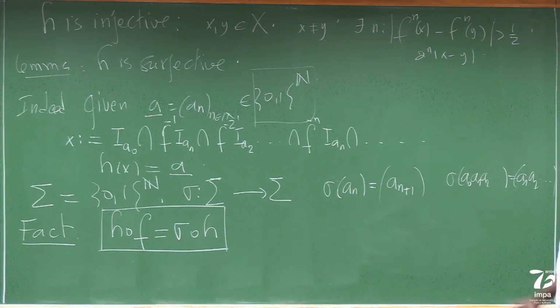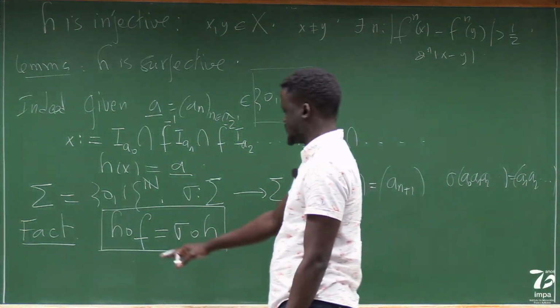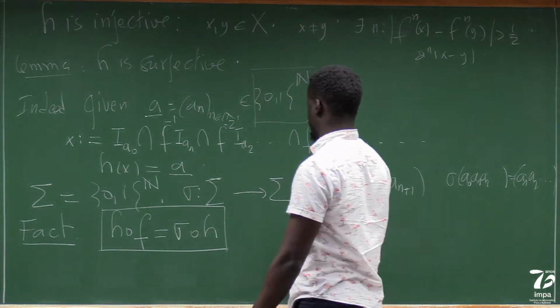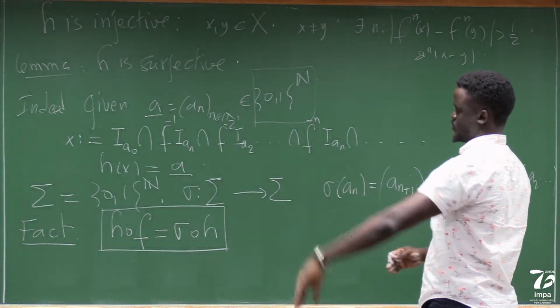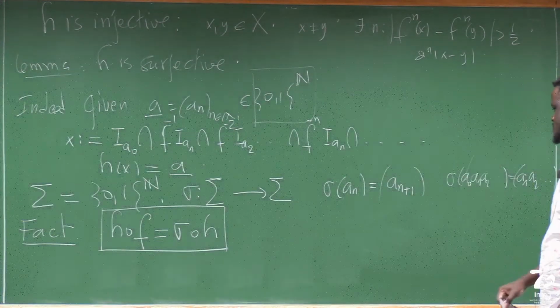This is not difficult to check. When you take f of x, its orbit is just shifting: you forget the first digit, you just erase this guy.